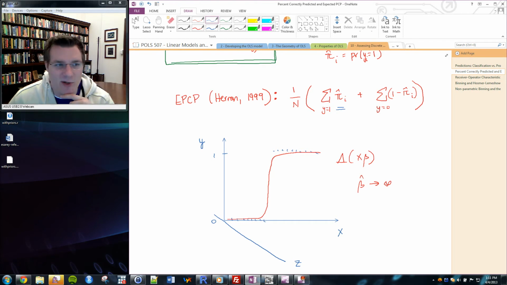In other words, we don't want to just keep adding dimensions until we get one observation in every dimension. That would be stupid, and it wouldn't give us a very good separation out of sample, prediction out of sample. But that is what we're trying to do, get perfect separation out of sample. And if we can do that, we should get a PCP that is 1, 100% perfectly correct prediction.